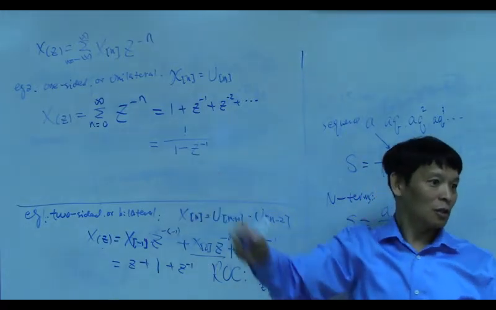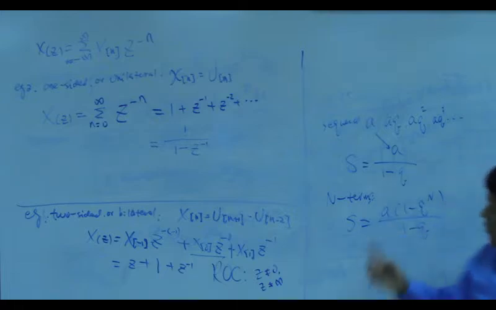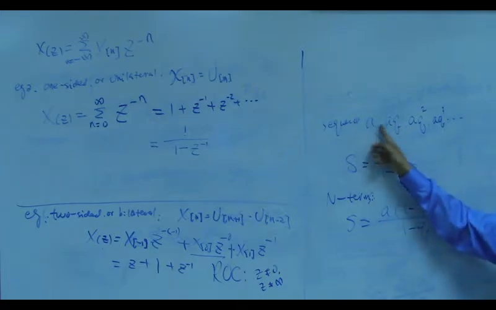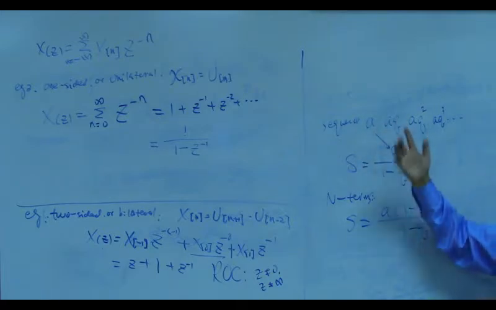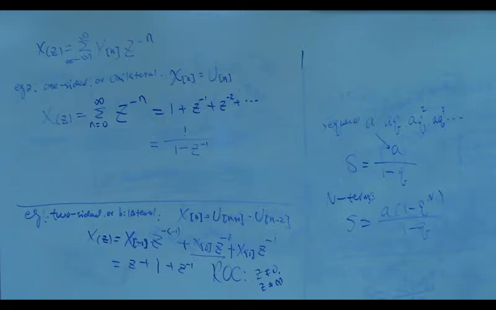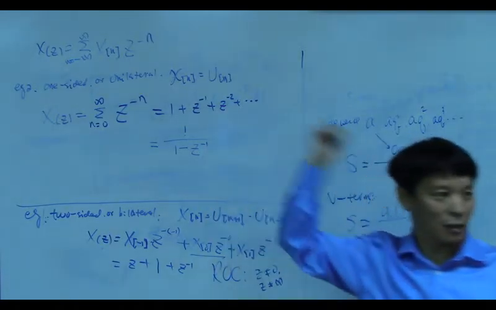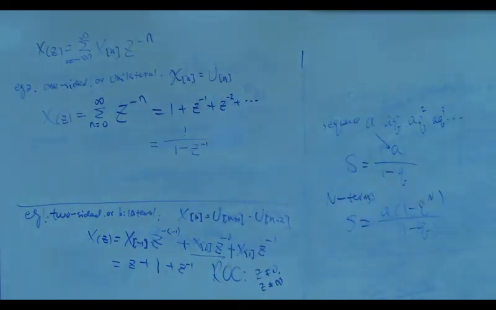That is the ratio between adjacent terms, so q here. This one over this equals q. Geometric sequence means all the ratios must be the same. Okay, that's it. That's the final result, the Z transform for u[n].